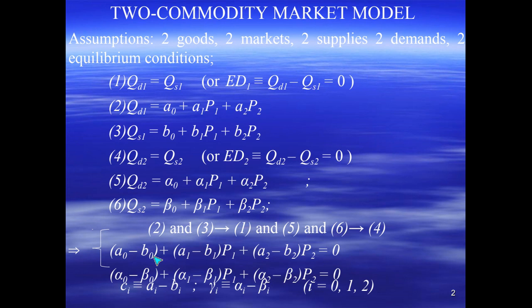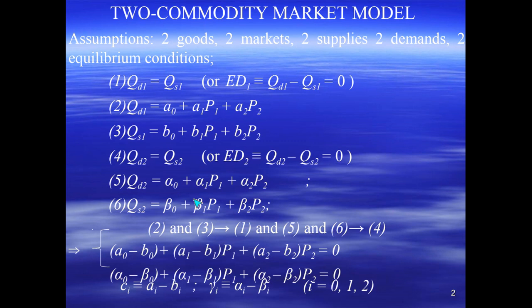All right. So what we obtain is these two equations: a0 minus b0 plus (a1 minus b1) p1 plus (a2 minus b2) p2 equals 0. And the second equation: (alpha 0 minus beta 0) plus (alpha 1 minus beta 1) p1 plus (alpha 2 minus beta 2) p2 equals 0.